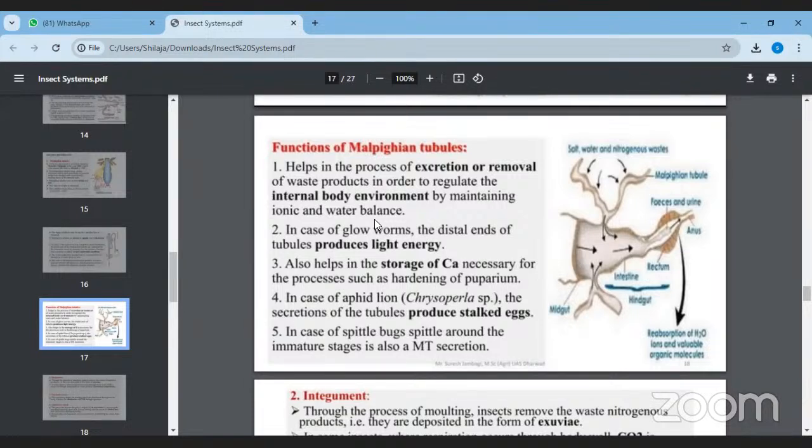In glowworms, the distal ends of the tubules also produce light energy, and they help in the storage of calcium necessary for processes such as hardening the puparium.